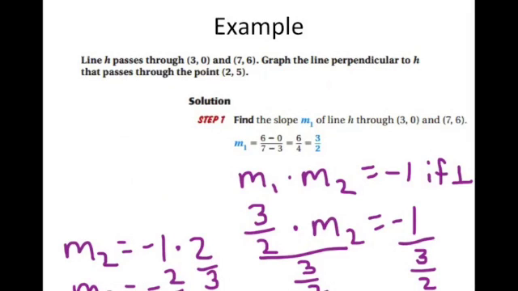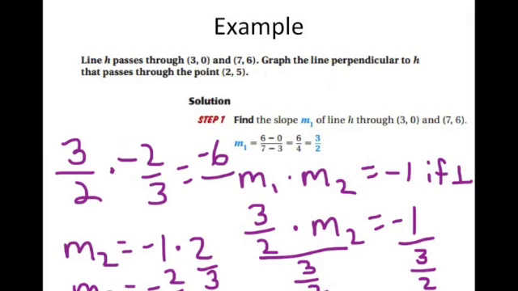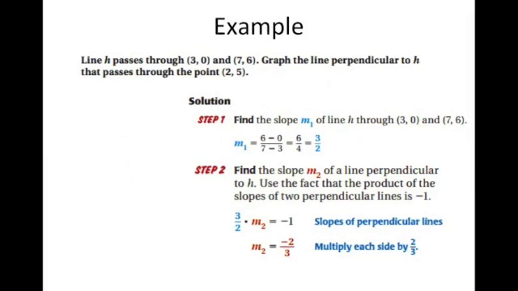And just to verify, we can multiply those two together. 3/2 times -2/3 gives us -6 over 6, which is -1. So it does in fact check. Okay, so we know the slope of the new line, the line perpendicular, has to be -2 over 3.